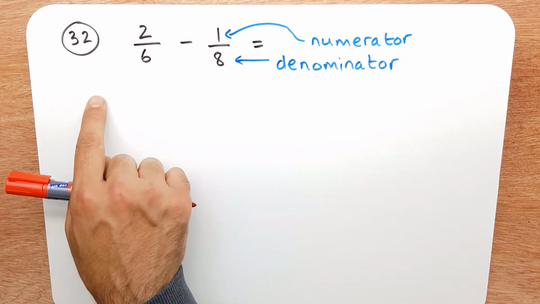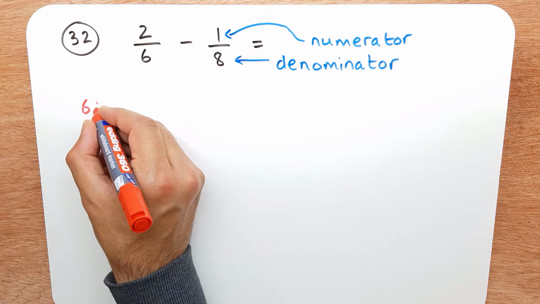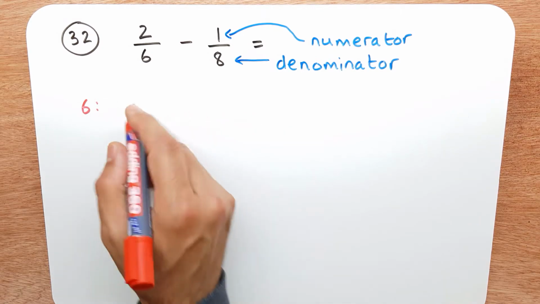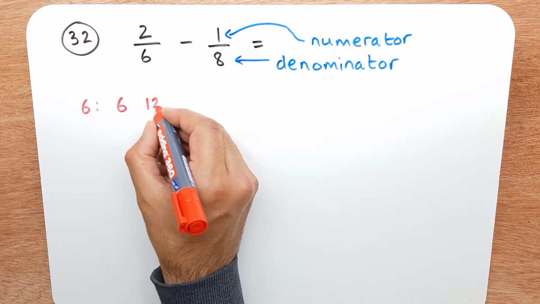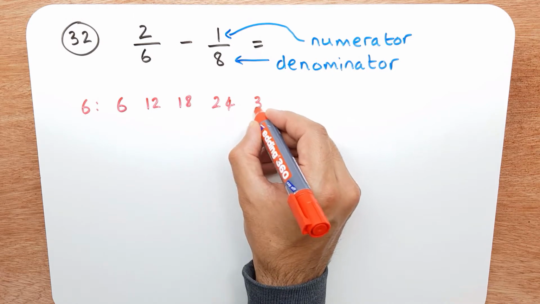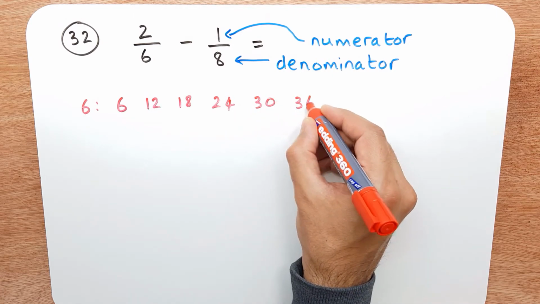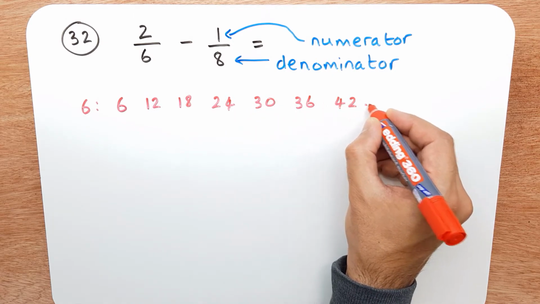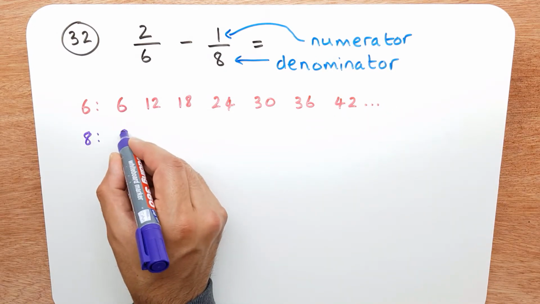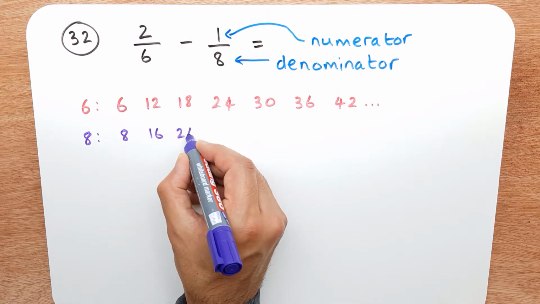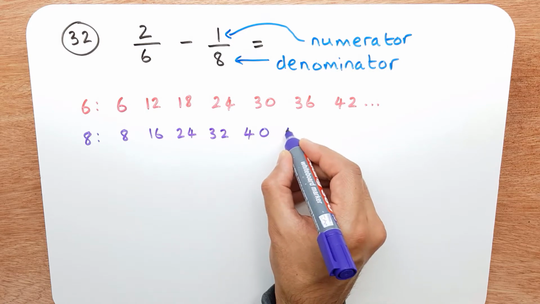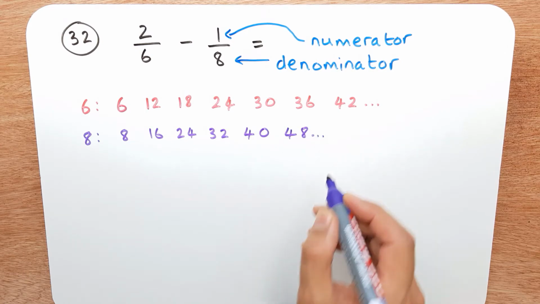So what I can do is write out the 6 times table for a few multiples: 6, 12, 18, 24, 30, 36, 42, and so on. Now I do the 8 times table: 8, 16, 24, 32, 40, 48, and so on.